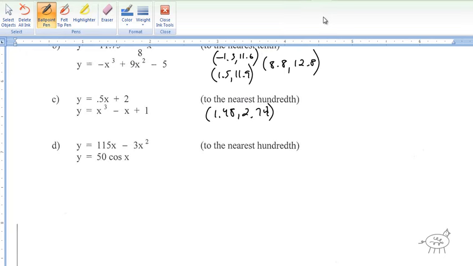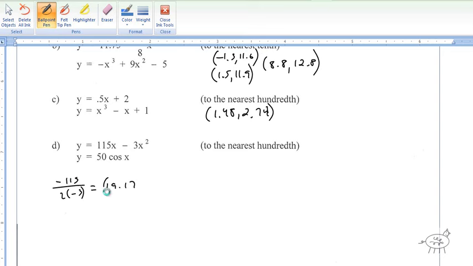Remember, the vertex is at the opposite of b over 2a, so it's going to be negative 115 over 2 times negative 3, which is equal to 19.17 approximately. If I plug that back into the equation, its vertex is 19.17 comma 1102 approximately. That's a pretty extreme number, that 1102.